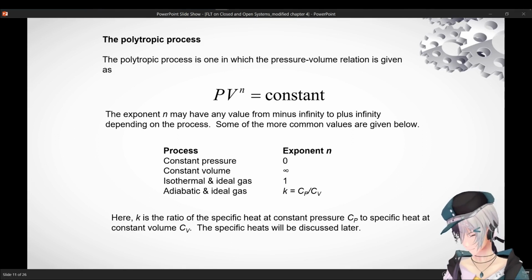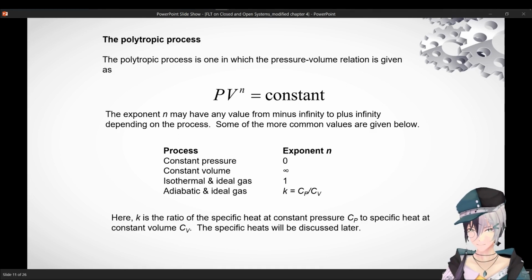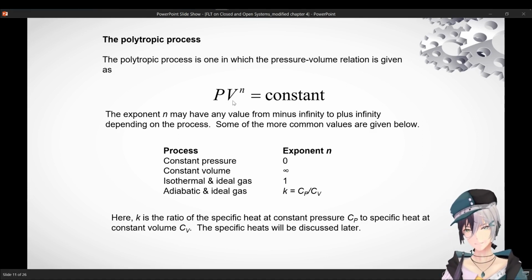This time we now have a polytropic process wherein it is expressed as PV to the N is constant. And N is 0 when it undergoes a constant pressure process. N is infinity for constant volume process.